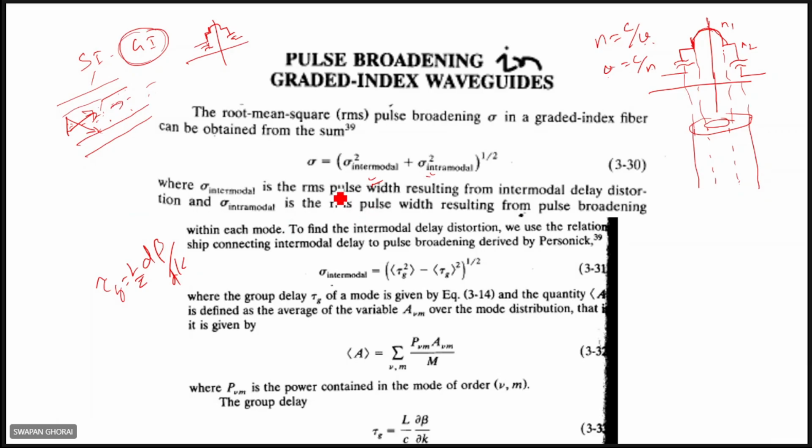The sum of these two will provide you the total pulse spread, right? And individually, how do we calculate sigma intermodal and sigma intramodal?